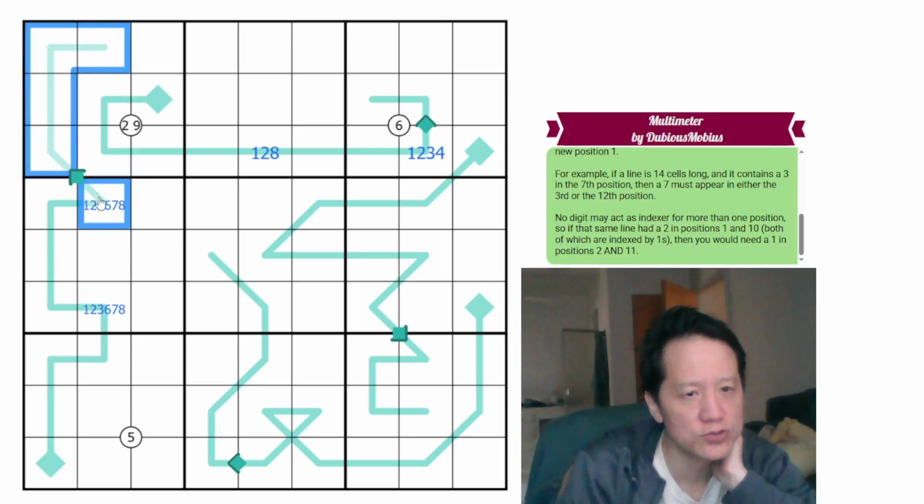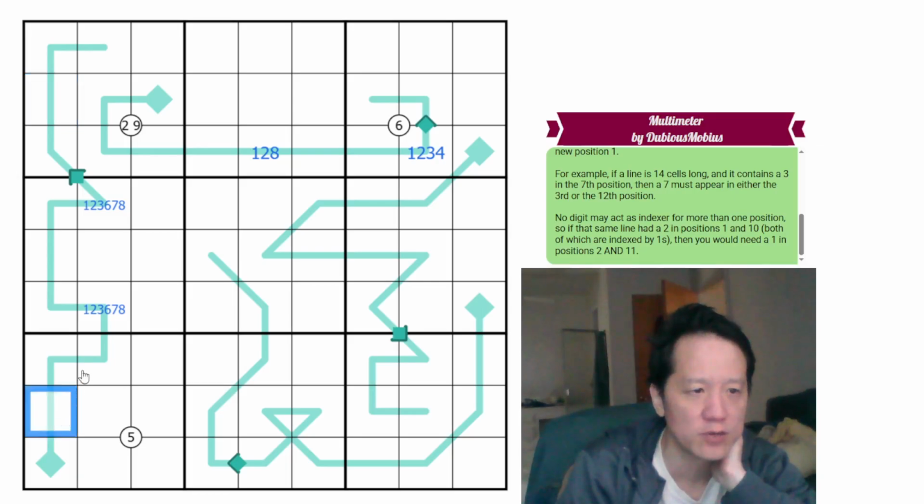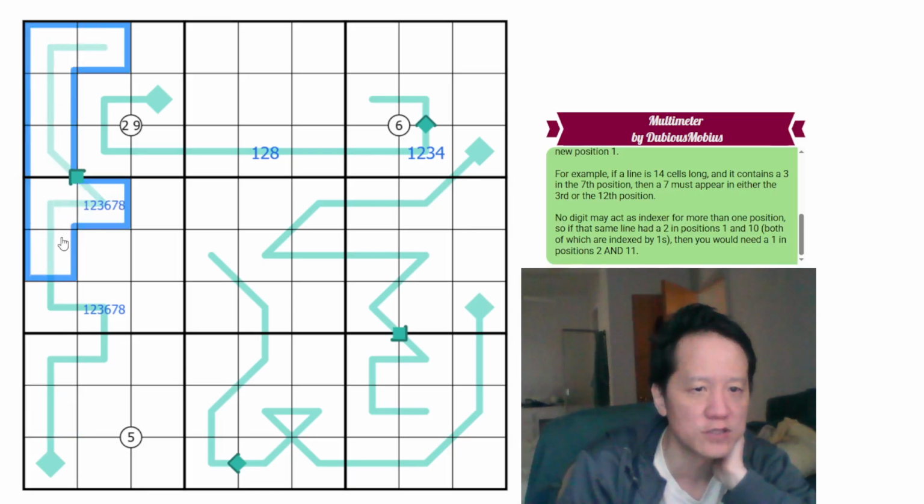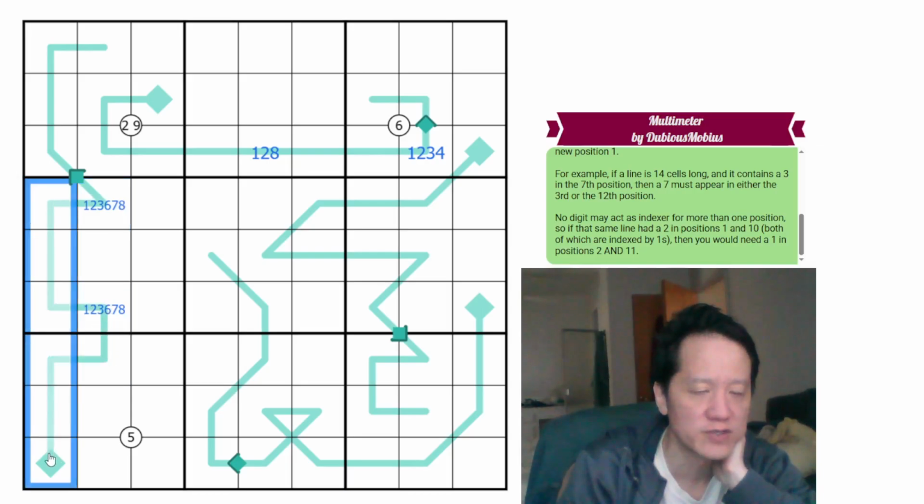Similarly, this has 2 2s also, right? Because there's a digit here that indexes where one of the 2s is. There's another digit here which indexes where one of the 2s are. So there must be 2 2s along this line. So this has to have the digits 1 through 4 twice, but 2 cannot be here. So 2 along this line, one of them has to be one of these 3, and one of them has to be one of these 6.